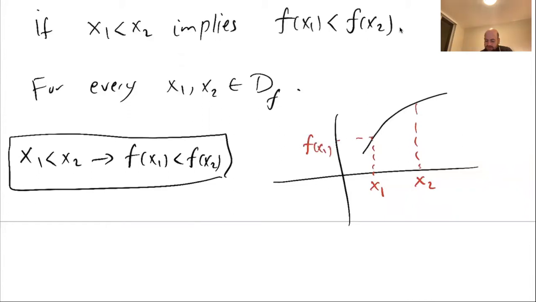Please note that this definition must hold for every x1 and x2 in the domain, not just for one pair or for some pairs. If it holds only for some pairs and not for every pair, then the function will not be increasing.